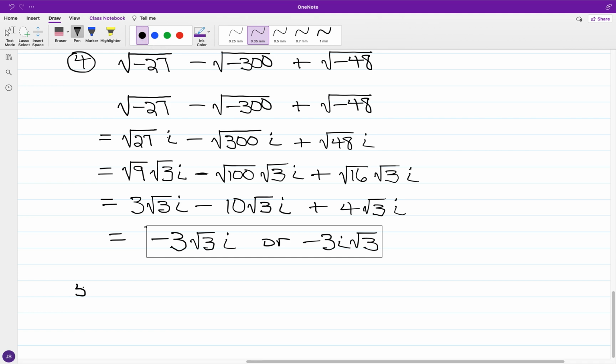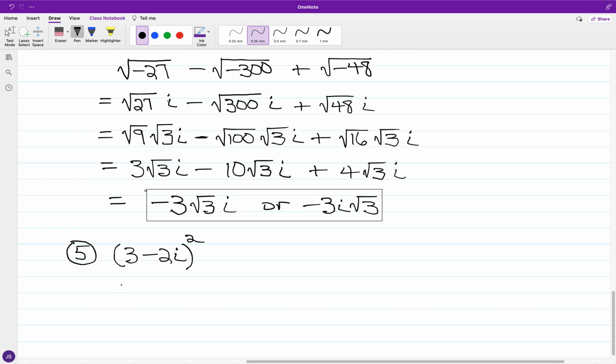And just taking what we have in the case of standard form, let's say you have a complex number where we are looking at squaring. Say if you had the square of 3 minus 2i.